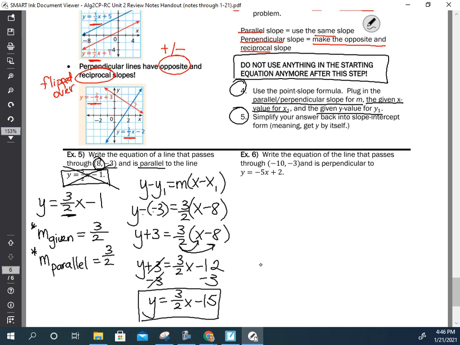So again, first step is to rewrite the first equation, which if you don't need to rewrite it, that's even better. Step 2, identify the slope that was given to you. And then step 3, write the parallel version of that slope. Then step 4 is to plug in the slope and the point that they provided for you.